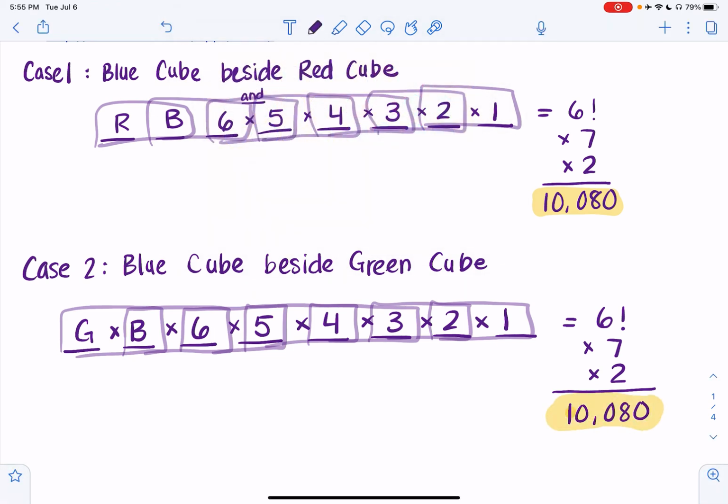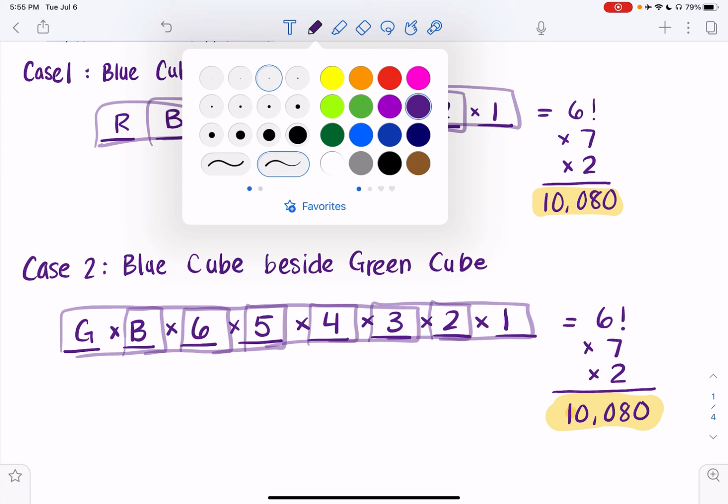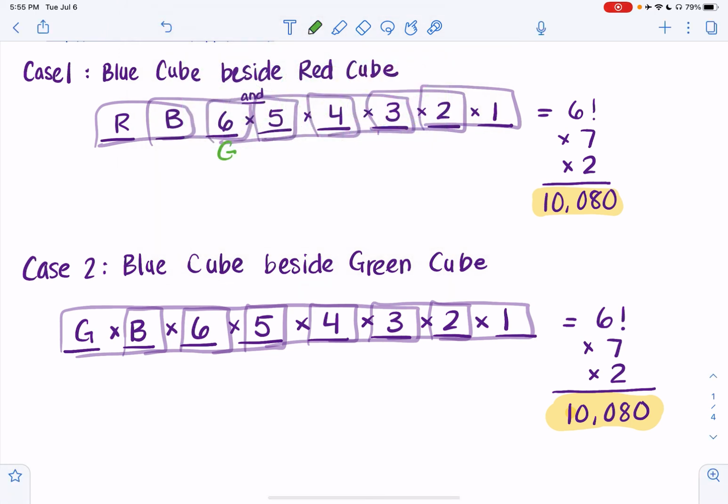Okay. So now we have a very, very important step. Sometimes when we're looking at different cases, a particular situation occurs in both cases. So in this first case, I could have absolutely had a green here. In addition, I could also have red, blue, green accounted for down here.